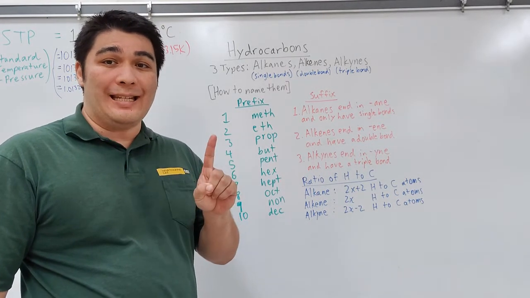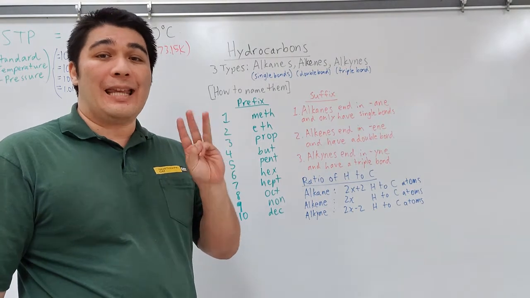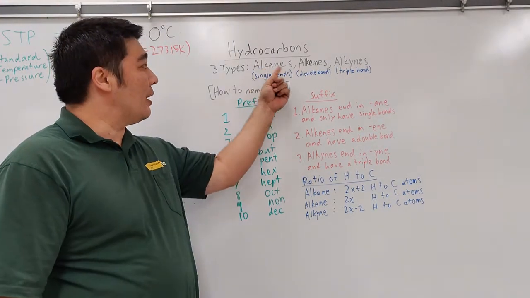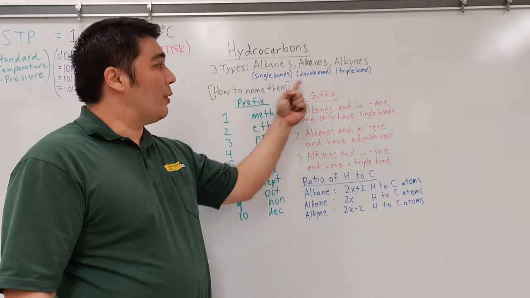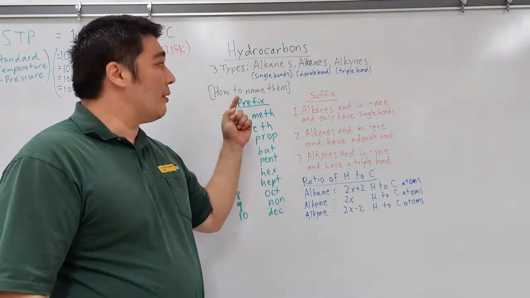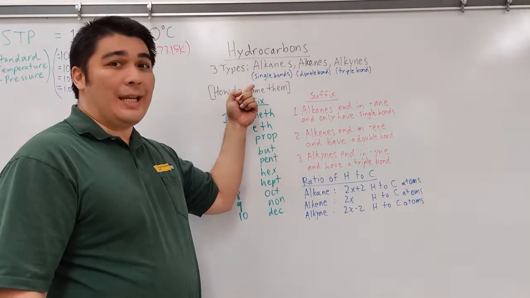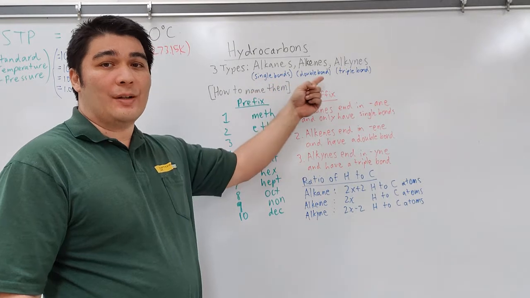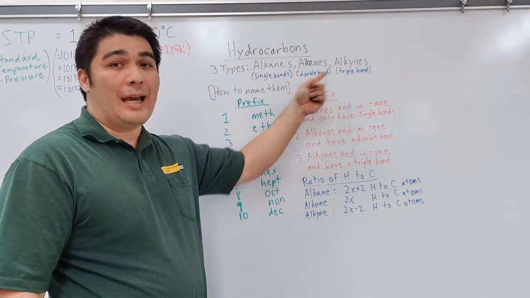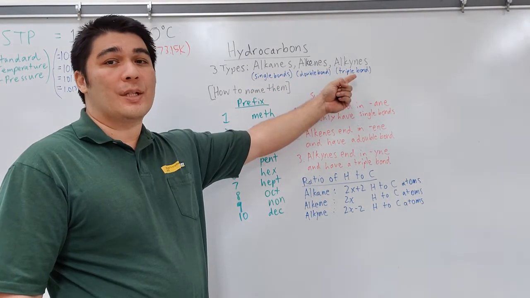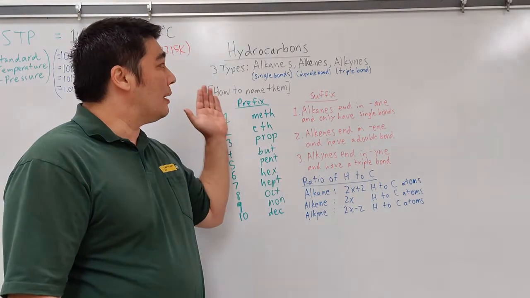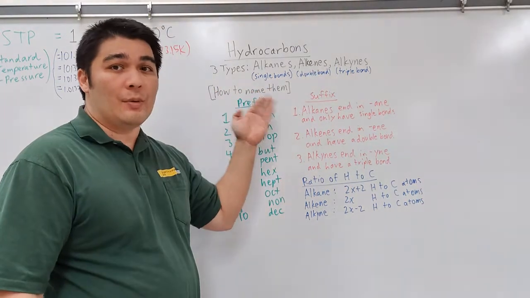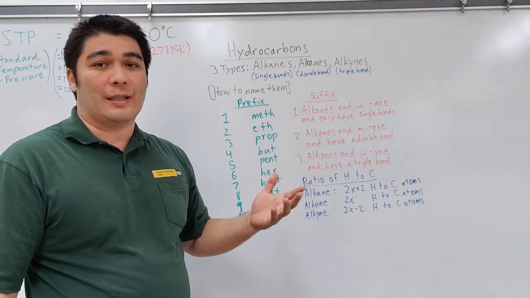There are the alkanes, the alkenes, and the alkynes, as you see over here. And what I did was I wrote it in blue. I wrote down how do you know it's an alkane? If there are single bonds, if it's an alkene, there's a double bond, and if it's an alkyne, there is a triple bond. So that's how you know what type of hydrocarbon you're dealing with.